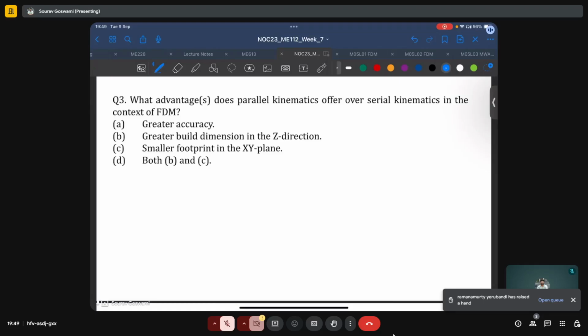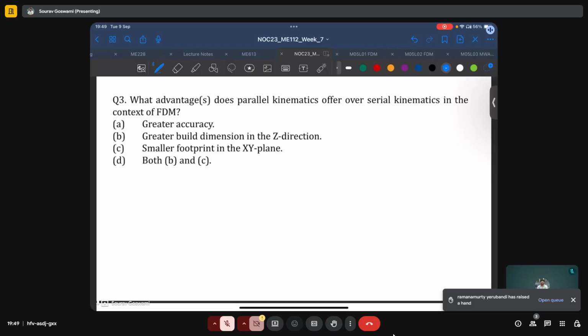Whereas in the case of parallel kinematics, several links may be connected to the end effector and each of these links may operate independently of the others. But what advantage does a parallel kinematic mechanism offer over a serial kinematic mechanism?